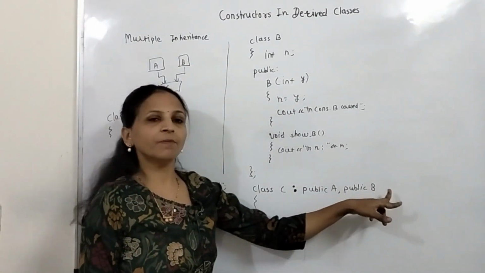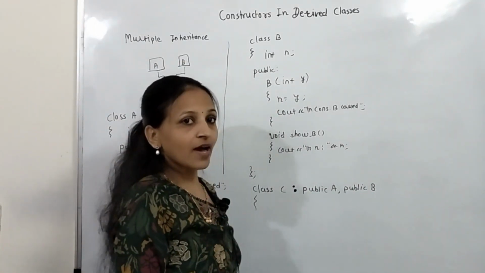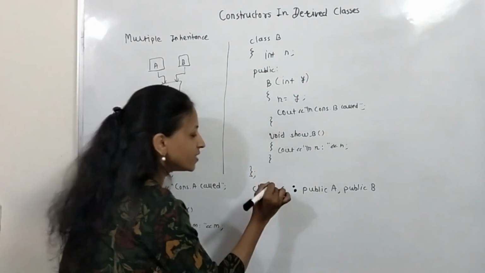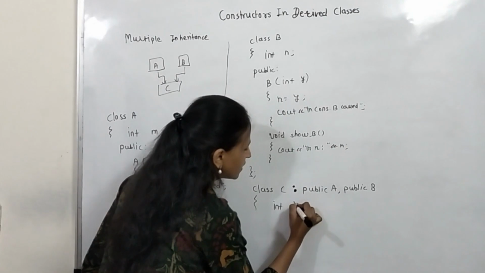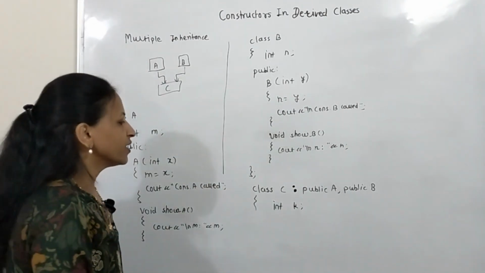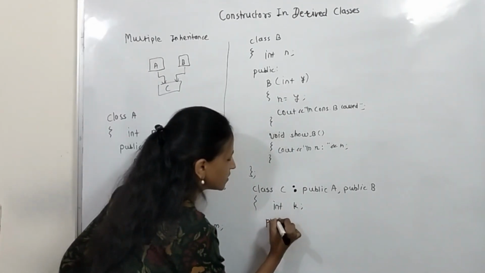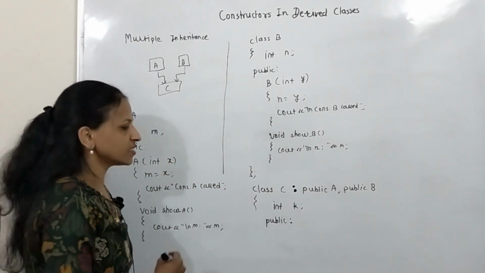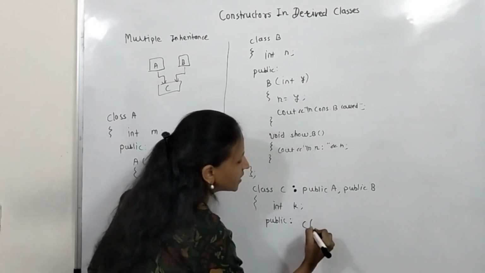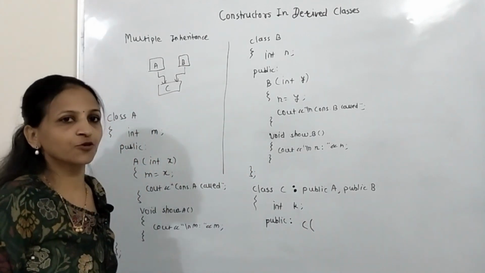Public A comma public B. Now again suppose class C has its own data member, let k. Now here again I am writing one constructor inside the public section. How to write the constructor? Simple way, class name, and here I want to pass arguments.